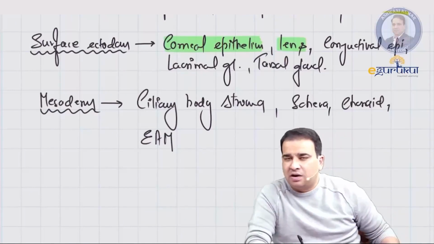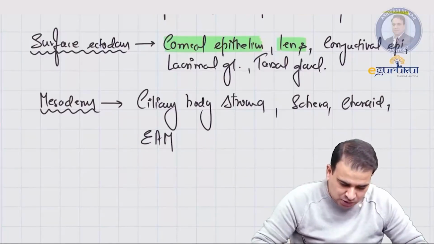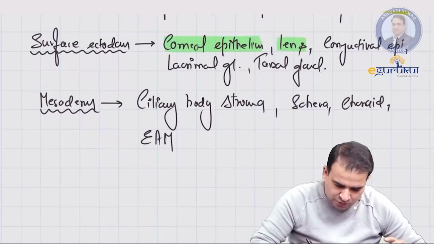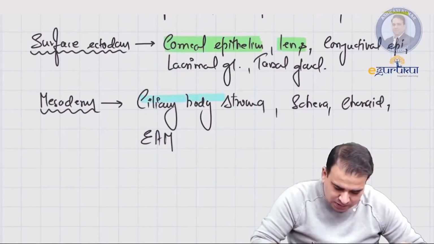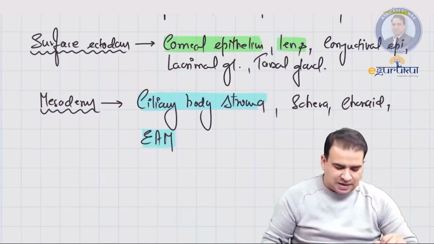Remember, extraocular and tongue muscles, they are from the somites. Somite means mesoderm only. So once again, the important thing out of this is the stroma of the ciliary body, and remember extraocular muscles. All those extraocular muscles are derived from the mesoderm.